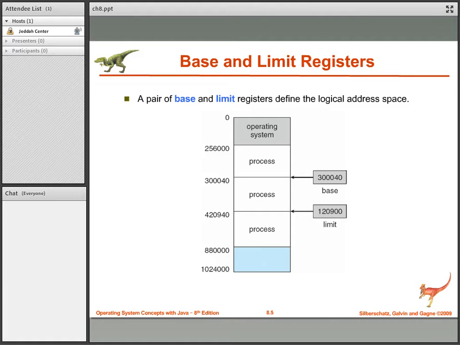Because there are so many things stored in the main memory, the starting address of a certain process has to be defined somewhere. In this case, it is defined as the content of what is called the base register. The base register contains the start of a process.